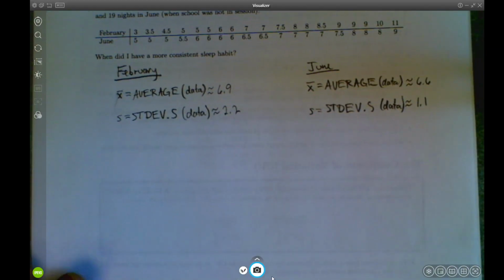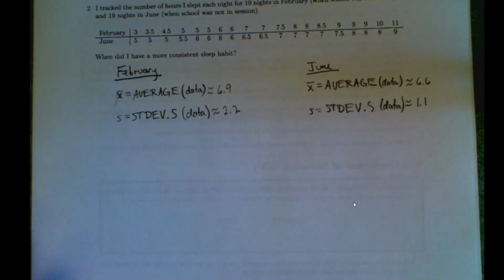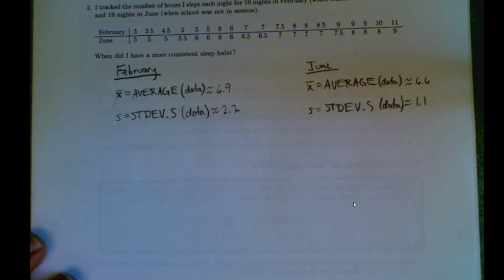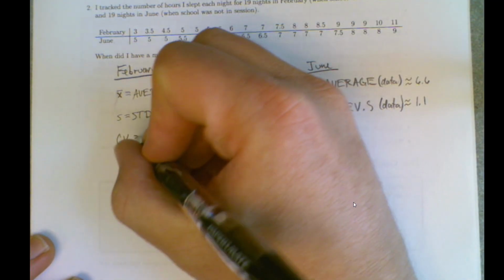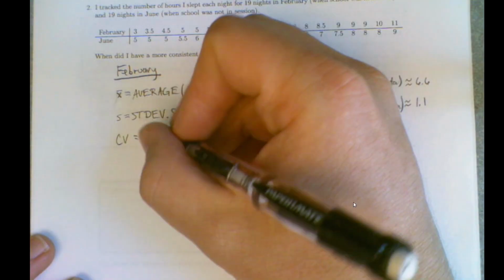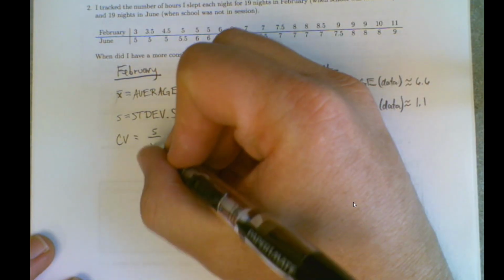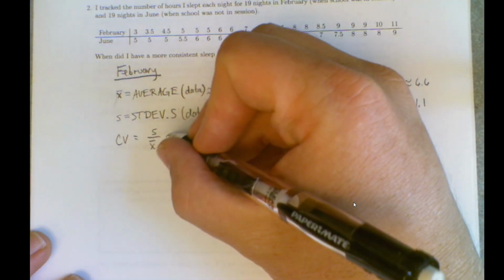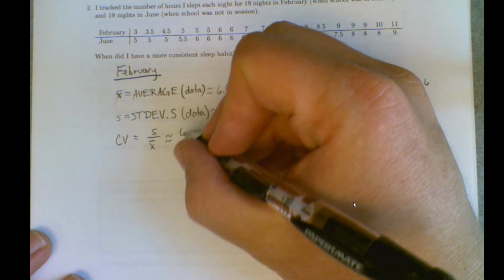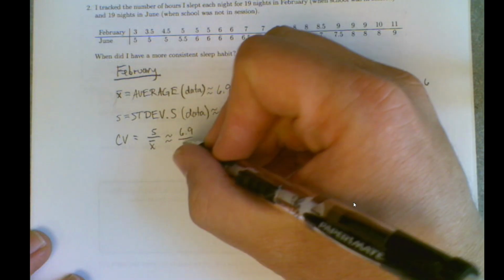Okay, so now at this point, if I want the CV for each of these, it's going to be S divided by X bar. So in the case of the February data, this would be approximately 6.9 divided by 2.2.